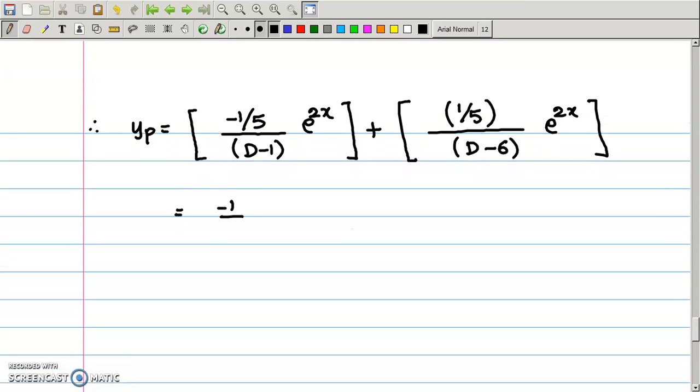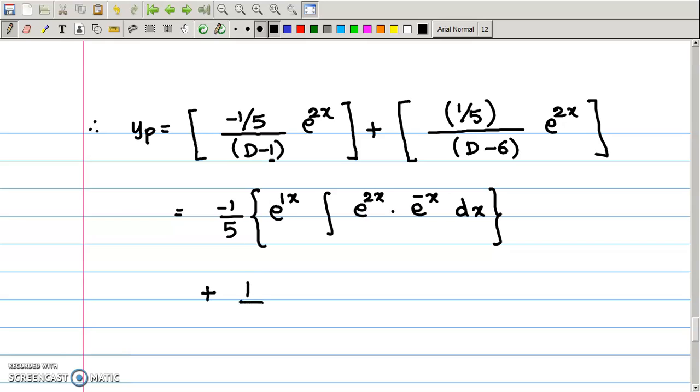Then we can take this minus 1 by 5 as it is, and we apply the general method formula for n is equal to 1. Since it is minus, we start with e raised to plus 1x into e raised to 2x, opposite sign, into dx, plus, here we take 1 by 5 outside, the value for m is equal to minus 6, so m is equal to 6, so we start with e raised to 6x first into f of x into e raised to minus 6x dx.